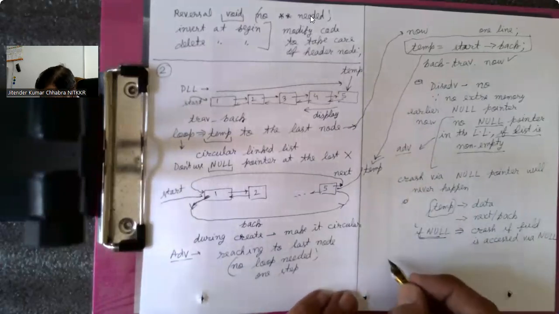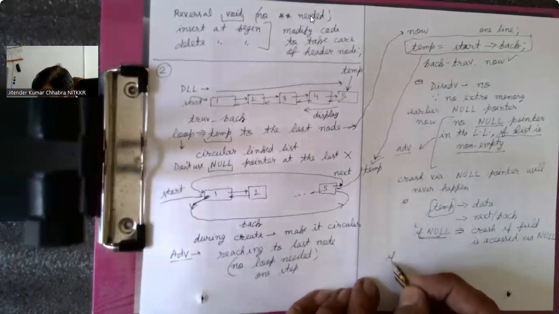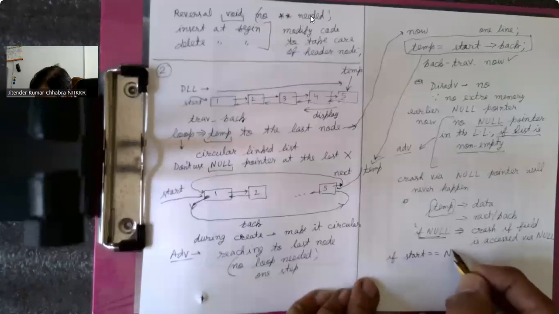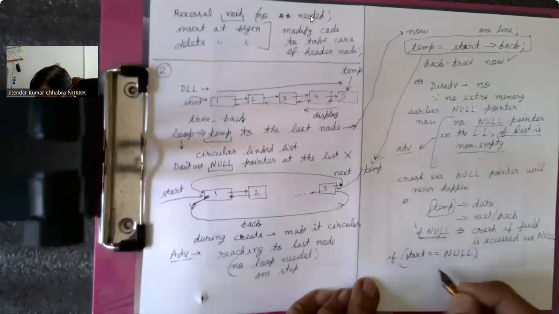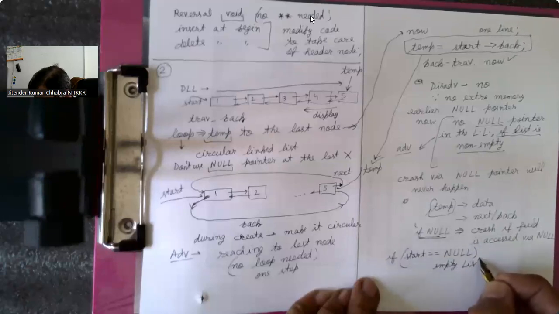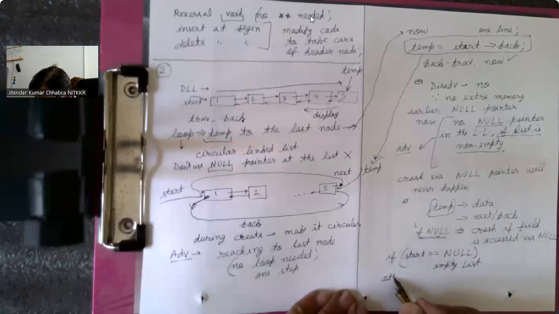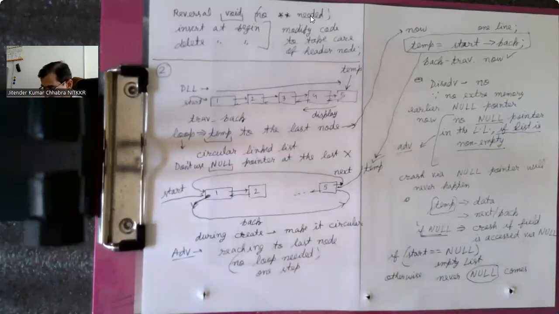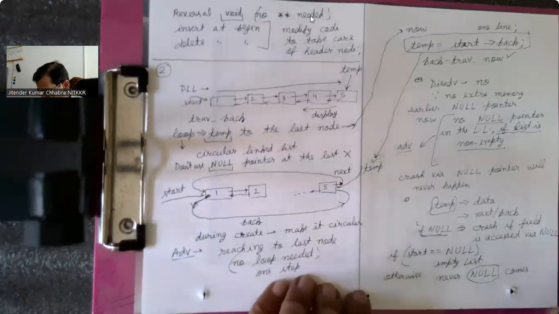Why am I saying that? If the list is null, I can simply check if start equal to null, the list is empty, so you can handle accordingly. Otherwise, in your list, a null pointer never comes. If null doesn't come, you will traverse. Might be you have done something wrongly in programming.